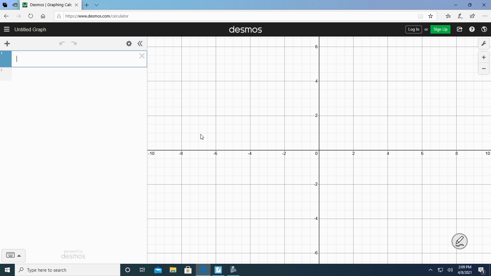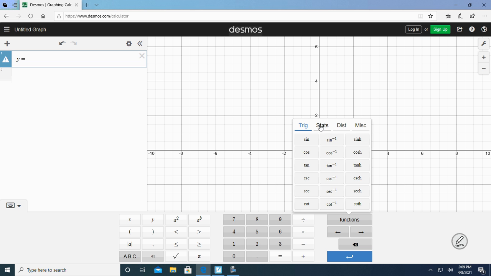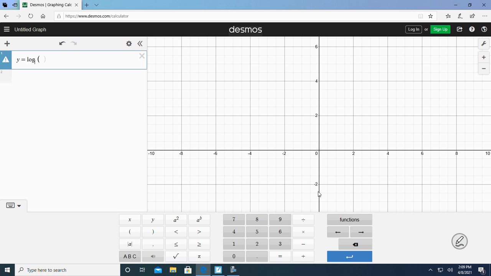If I look at number 5 and I wanted to graph it, I'm going to graph the left side by itself. So I'm going to go y equals. And then we have to look, how do I graph log base 2? I'm going to go into functions, see what's there, stats, distribution, miscellaneous, log base A. So log base 2 of x.